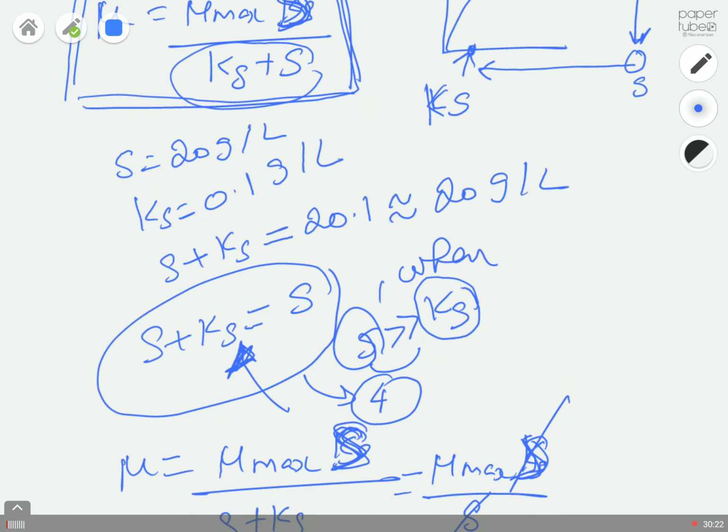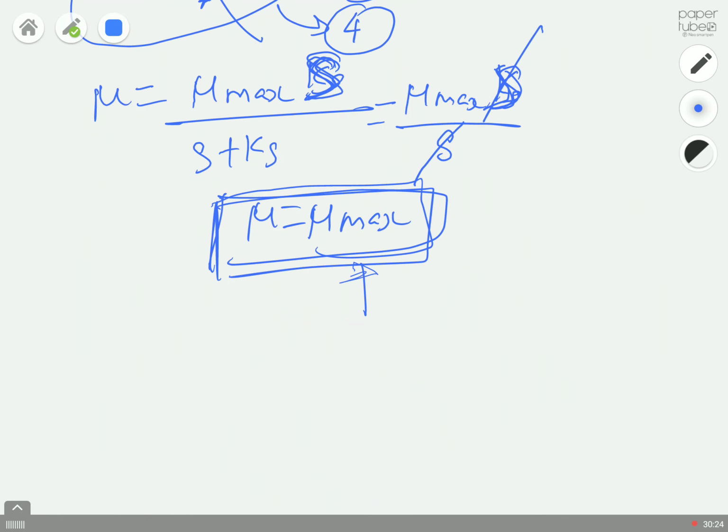So this is one of the limiting conditions of your Monod expression. If in the exam I ask you to explain the Monod expression and its limiting conditions, you have to write the Monod expression and then solve two of its limiting conditions.